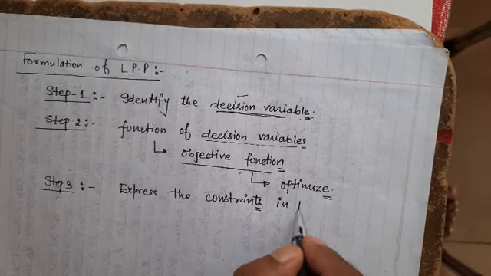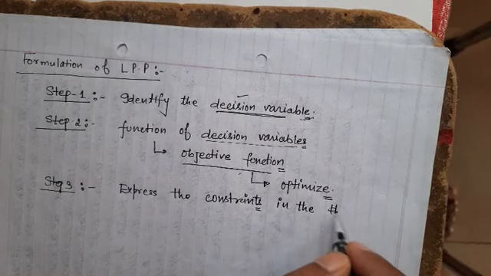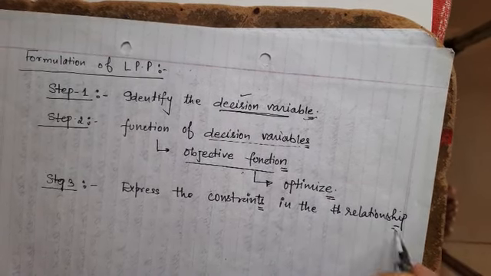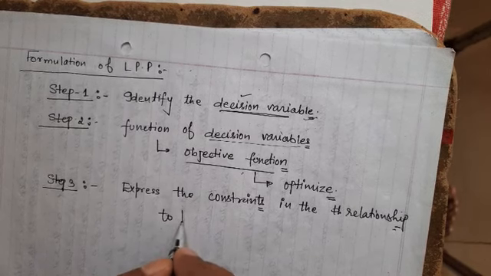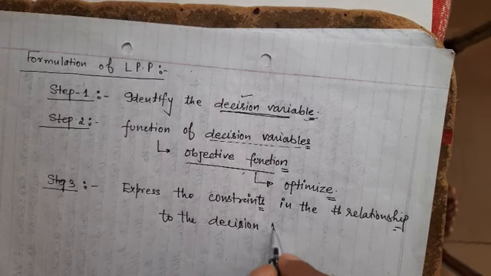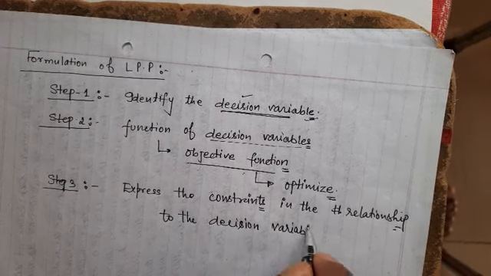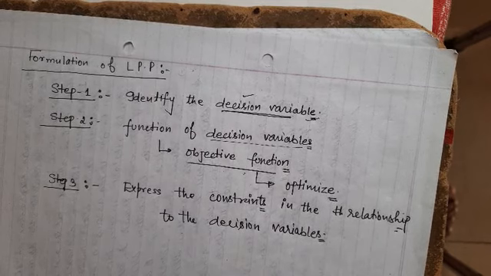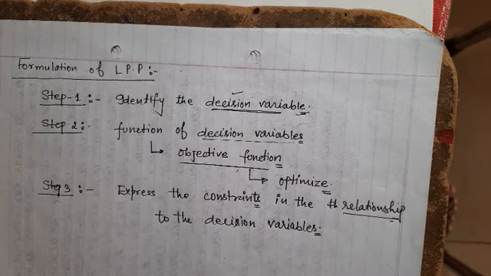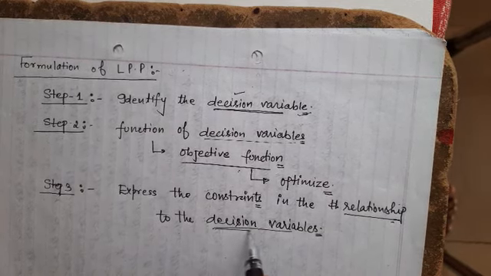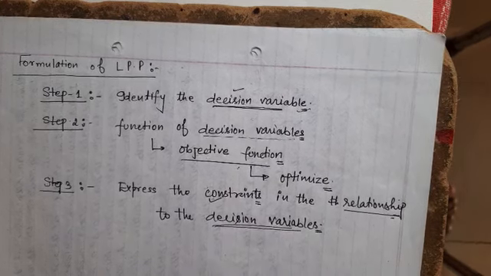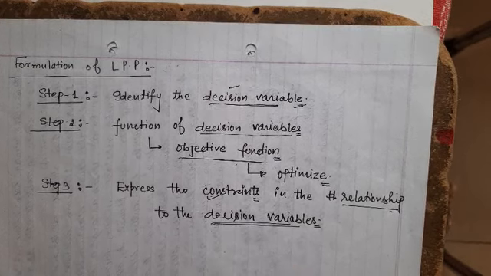In relationship to the decision variables, we have to write different constraints, in the form of the related decision variables. There may be two, three, or more than three constraints.